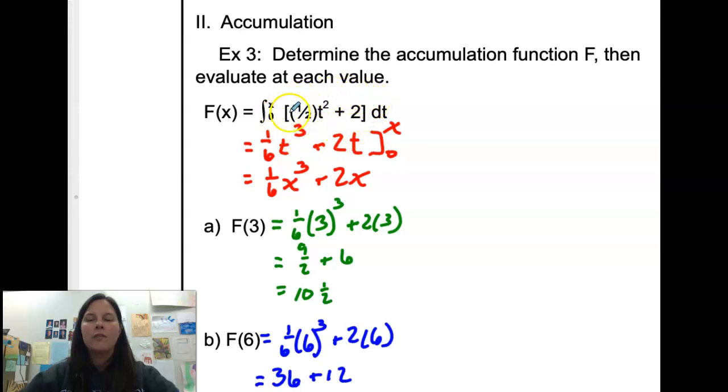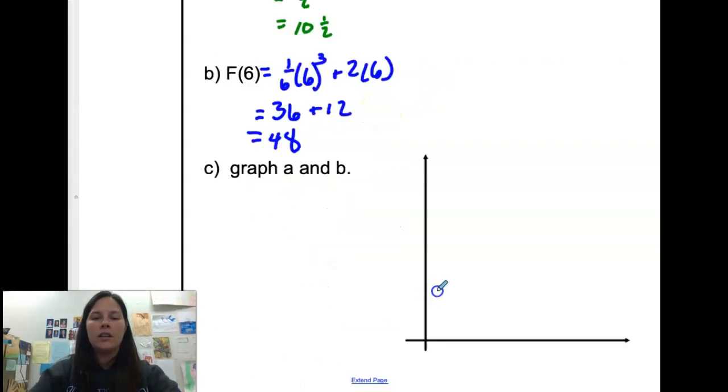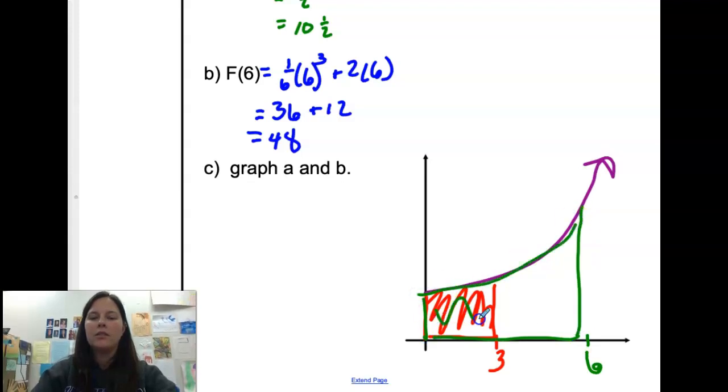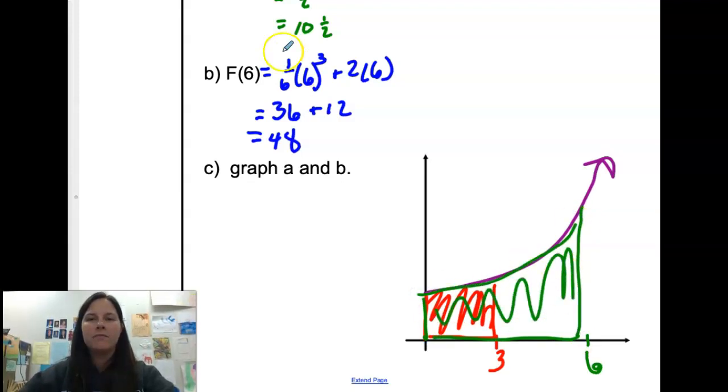So I'm going to sketch a graph of this 1/2 t squared plus 2, which as a very rough sketch looks something like this. For a value of 3, the amount from 0 to 3 that we accumulated is 10.5. And at 6, the amount we accumulated starting at 0 was 48.